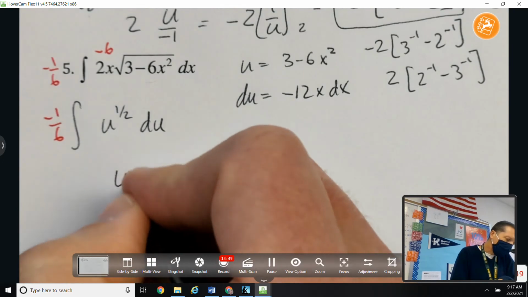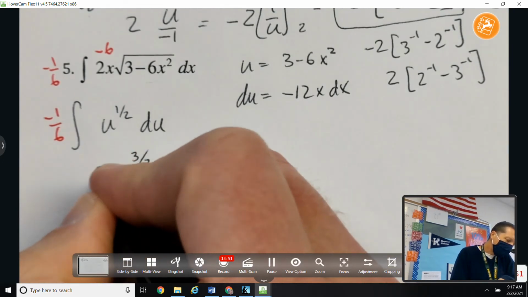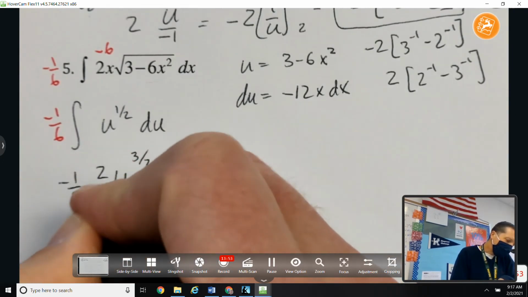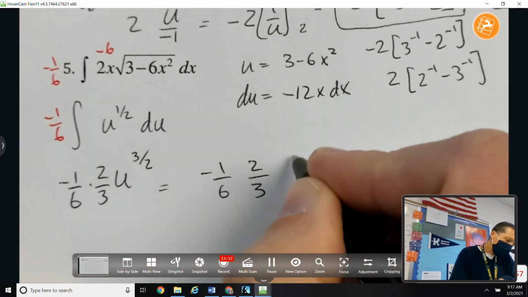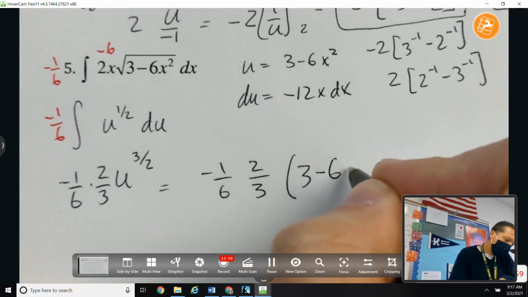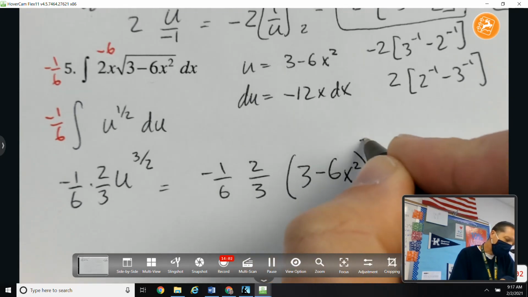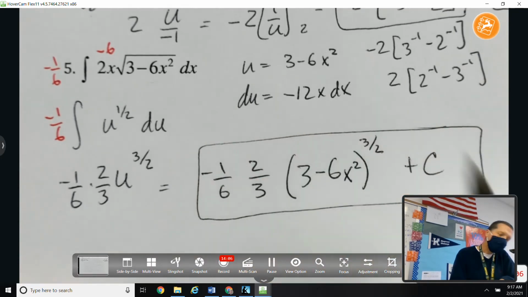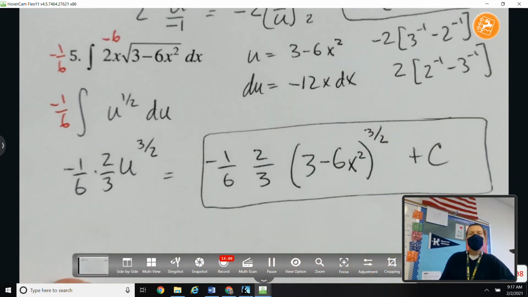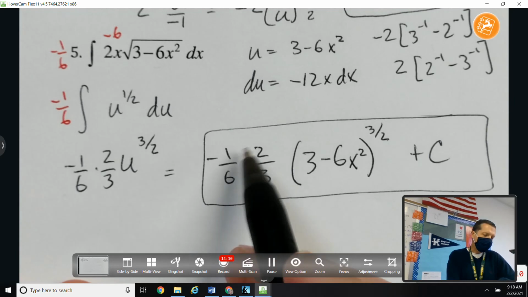Increase the power by 1. Divide by the new power. Keep the negative 1/6. And in the interest of time and not wanting to mess up my algebra, leave the safe stop alone. Plus c, because it was not a definite integral. Obviously you could clean that up a little bit out front, but meh.